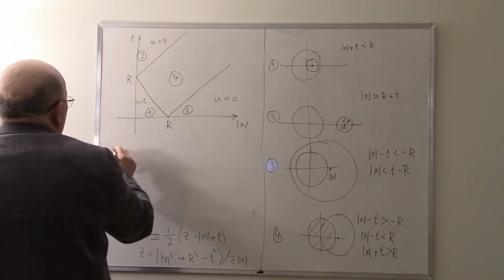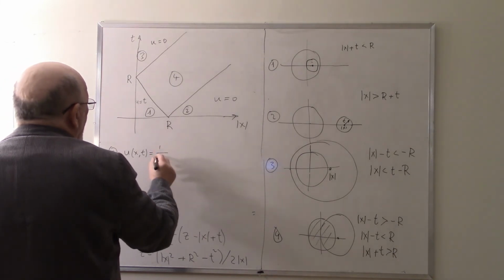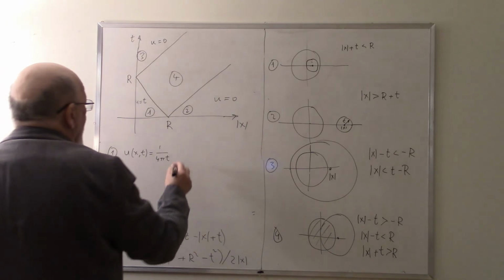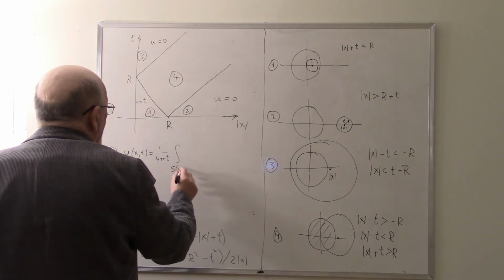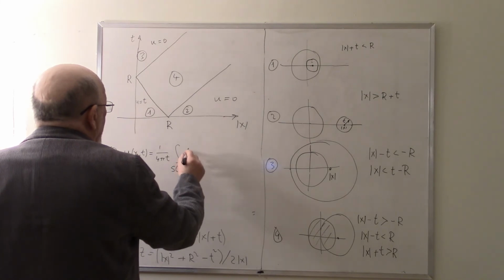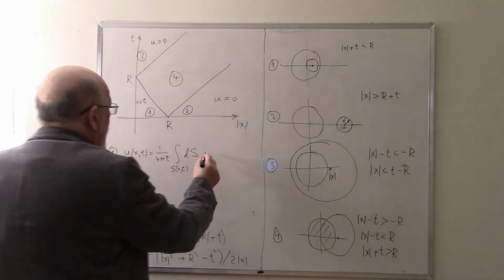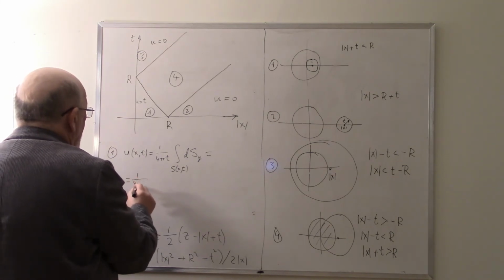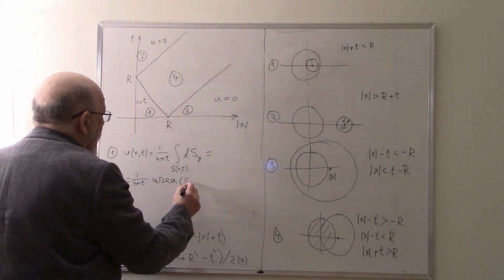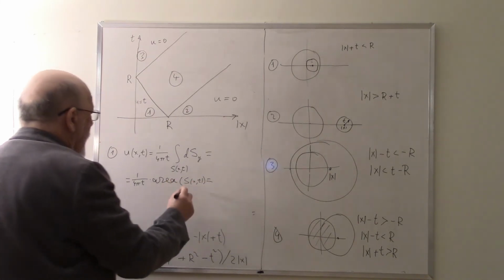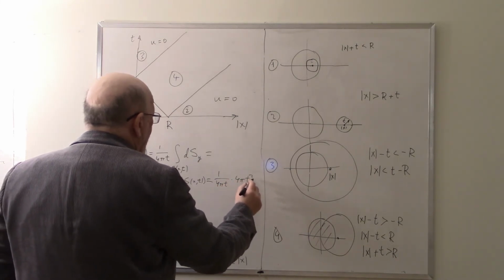So in case 1, u of x,t equals 1 over 4 pi t times the integral over S(x,t) ds y, because here the function g is 1, so it equals 1 over 4 pi t times the area of S(x,t). This is 1 over 4 pi t times 4 pi t squared, which equals t.